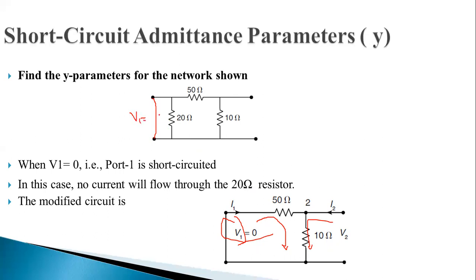It means that when it becomes short circuited, there is no meaning of this 20 ohm resistor because it is short circuited over here, and this is a parallel connection. So this 20 ohm resistor is removed from the circuit and we get a new circuit over here.